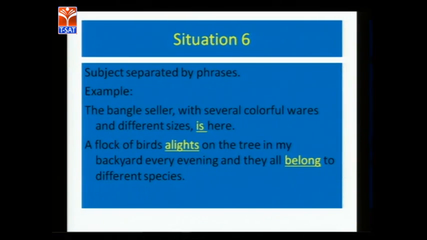But here I have shifted the focus from a flock to the birds, and that is why I have used the plural pronoun they. Now when I say they, I can't say belongs, right? So you notice how the focus is shifted from the flock to the birds. A flock of birds alights on the tree in my backyard every evening, and they all belong to different species. So it's not that I have a lot of birds belonging to one species.